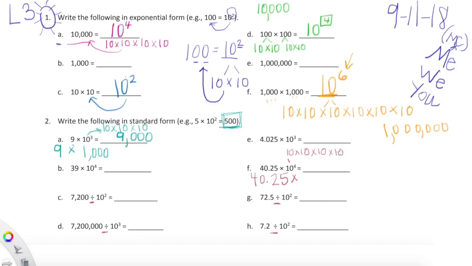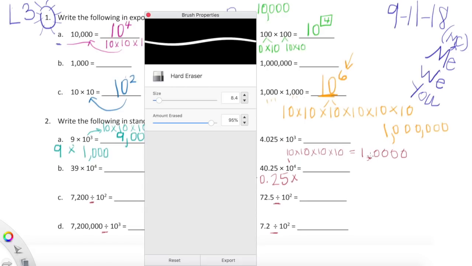10 to the 4th is equal to 1, 2, 3, 4 tens being multiplied together, which is also equal to a 1 with 1, 2, 3, 4 zeros trailing afterwards. I shouldn't have written that comma there. That is not the proper place for a comma.